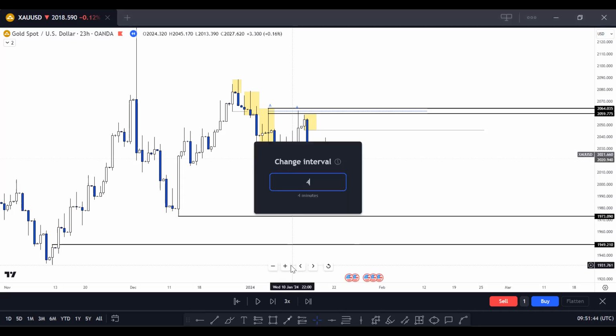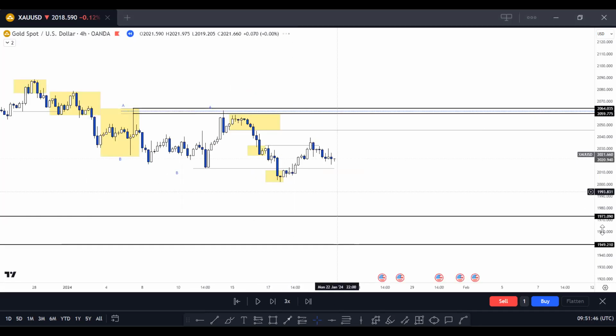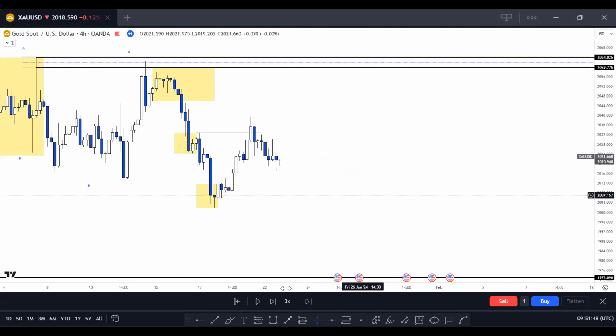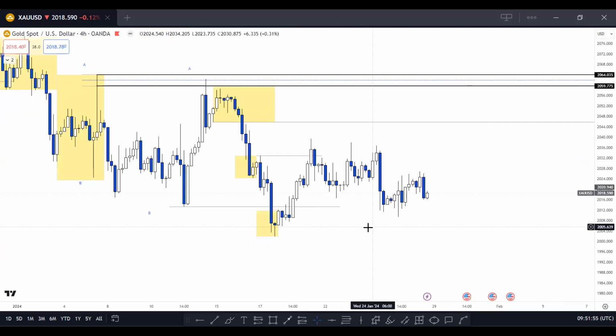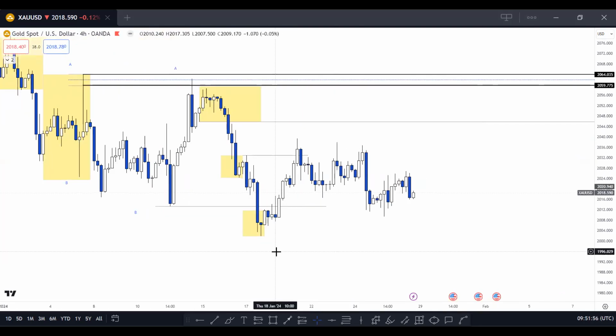So to the 4-hour, just to refine and find out the range of whatever. Let me actually play this. Okay, so we have simple. Mark out the first range.